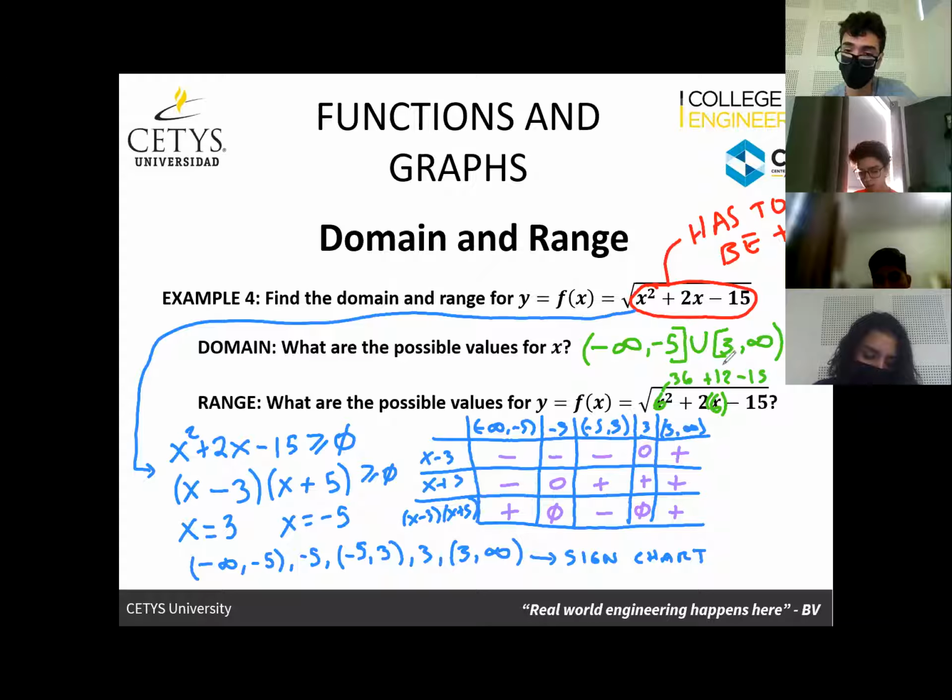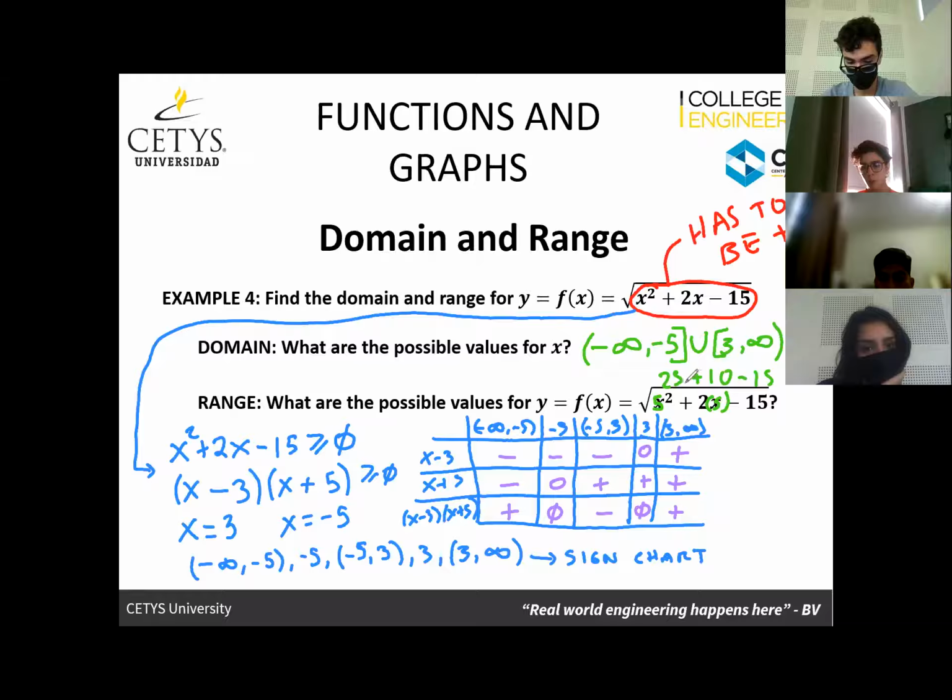Positive, right? Okay. Choose any number that is in this other range from 3 to infinity. Choose any number you want. 5. Do that calculation very quickly. 5 squared is 25, plus 10 minus 15. What do we get there?